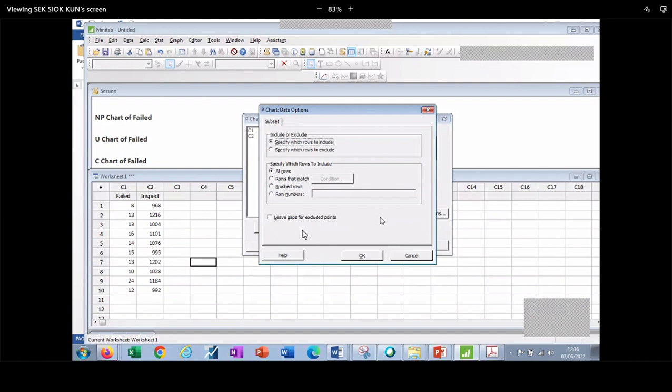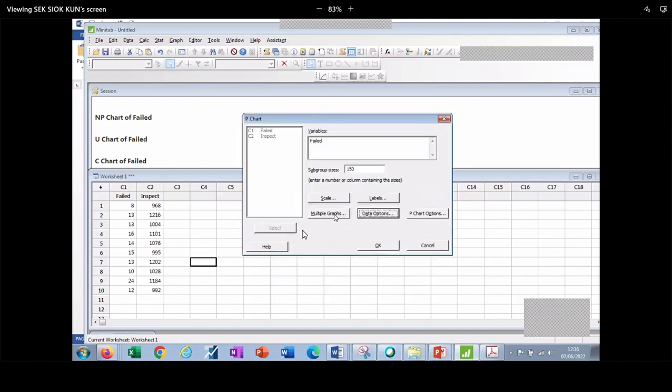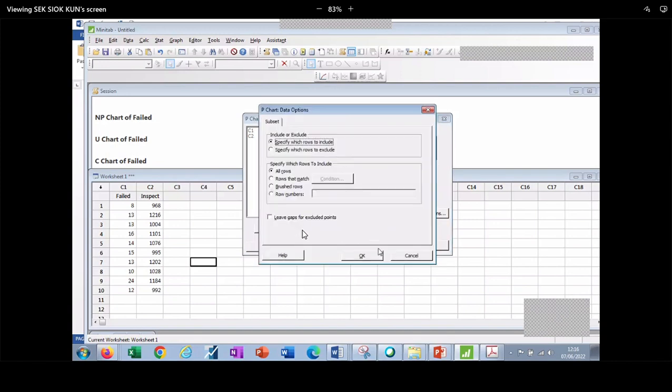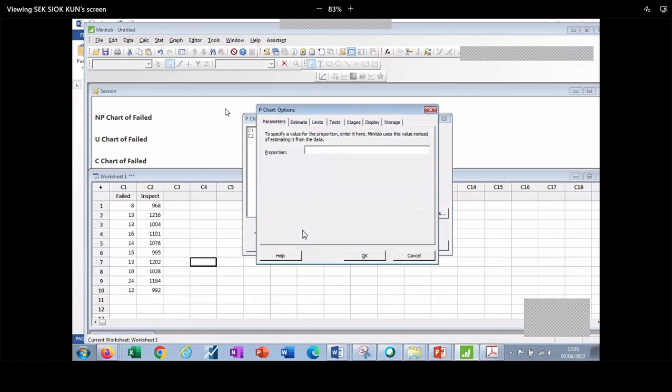The other options are very similar to the other control charts that we learned before. You have the P chart options. So proportion P: if you know the P, you can put the value there; if you don't know, then just leave it. Then there are the options to use the following subgroups, which I think is for estimation.